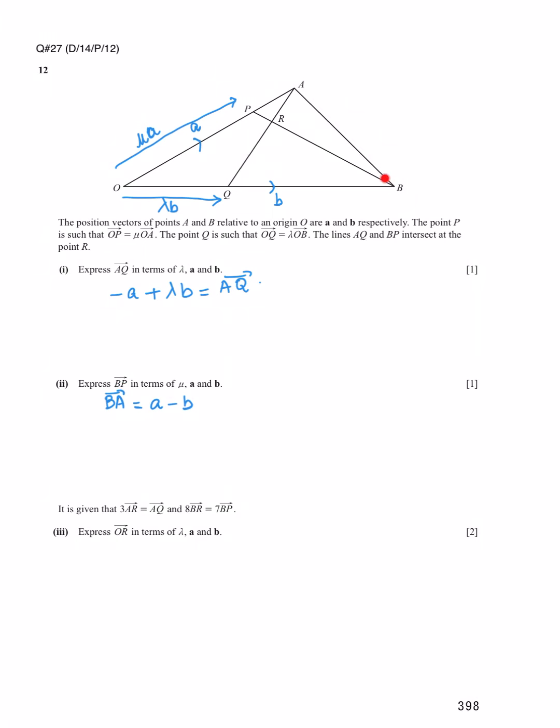So I can say that it's BA and AP. I'm writing down BA plus AP leads to BP. What is BA? It's a minus b, plus what is the vector AP? Now AP is what? We have this whole vector a and we have this vector mu a. So basically the difference of these two will be the vector AP.